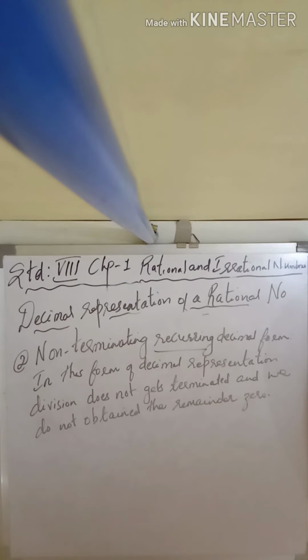Clear, children? So I have defined this in our own terms. You can also define the terms in your own words. Even the terminating decimal form you can define in your own terms. Copy this. Non-terminating recurring decimal form. In this form, the decimal representation of division does not get terminated and we do not obtain the remainder 0.